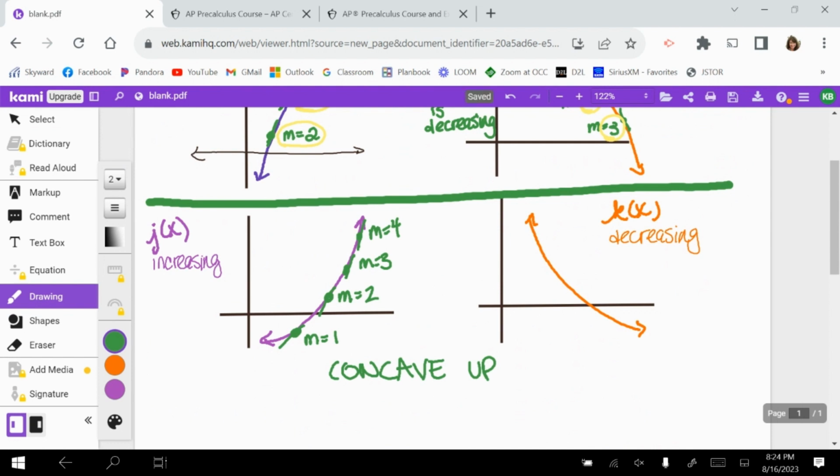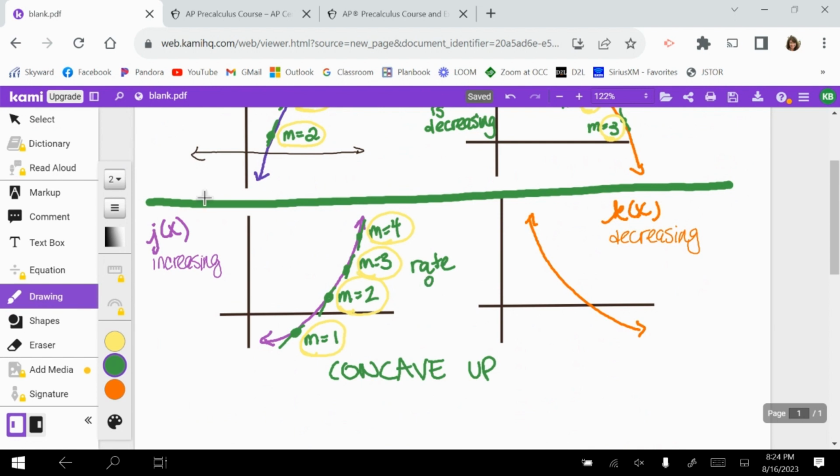Positive slopes here, right? So j of x is an increasing function. When we look at the slopes of the tangents as we look across j of x from left to right, in other words, as we look at the rate of change, it goes from 1 to 2 to 3 to 4.